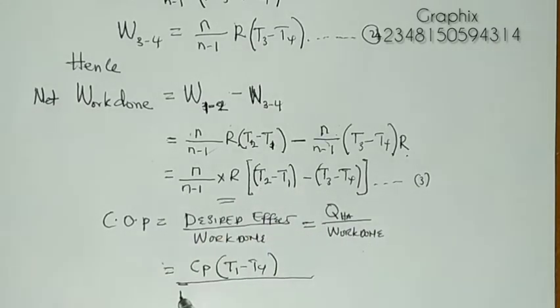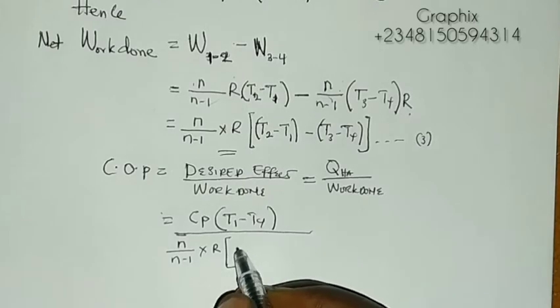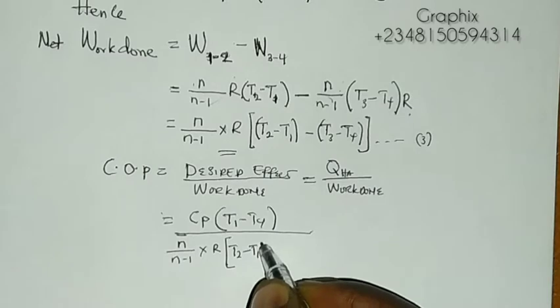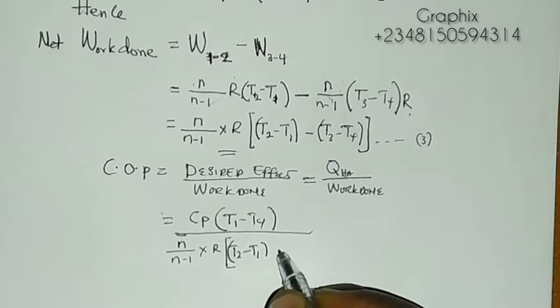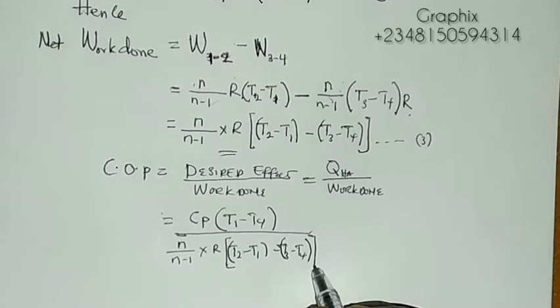So we have n over n minus 1 times R, open brackets, we have T2 minus T1 minus T3 minus T4. I close the bracket.